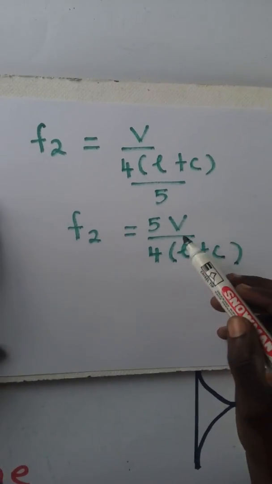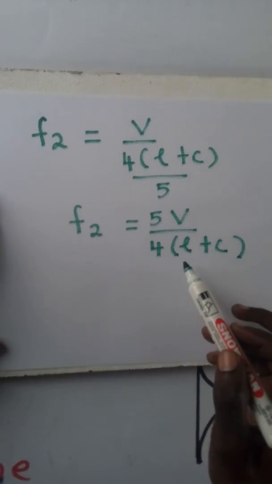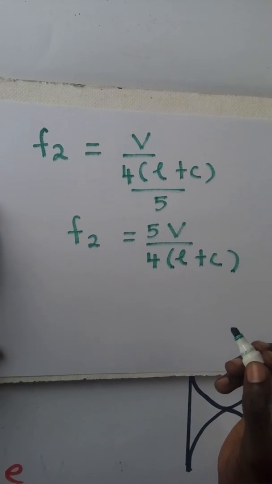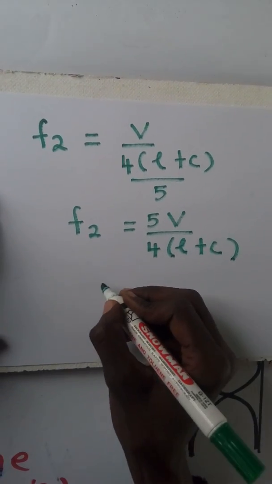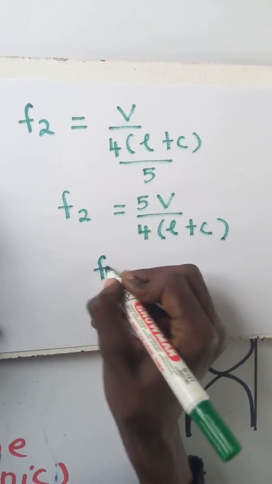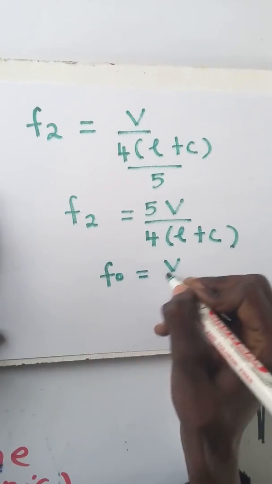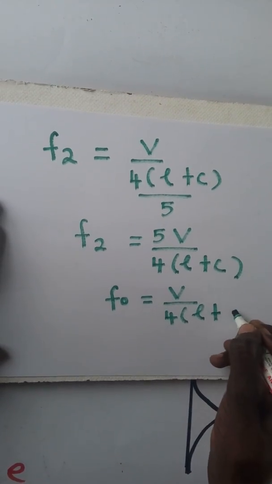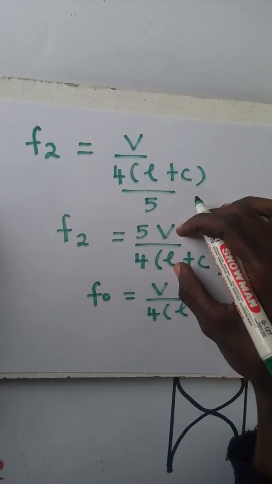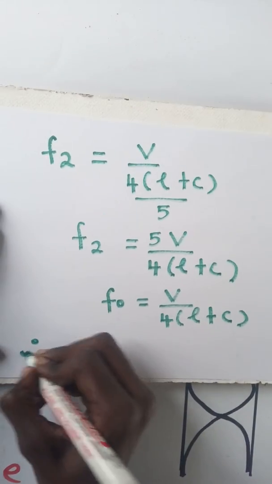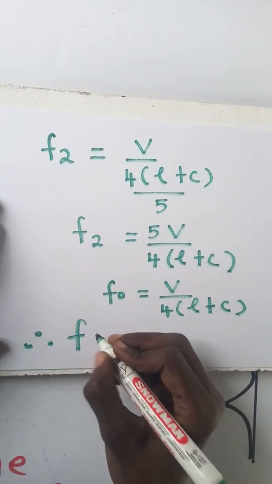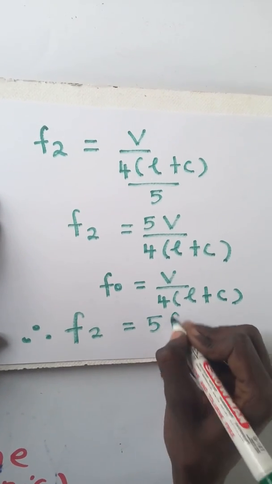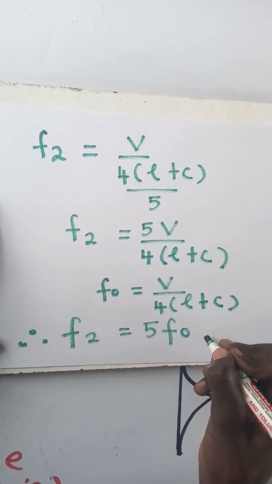But velocity over 4 (length of the closed pipe plus C) is equal to the fundamental frequency. We substitute into this equation. Therefore, frequency of the second overtone is equal to 5 times the fundamental frequency.